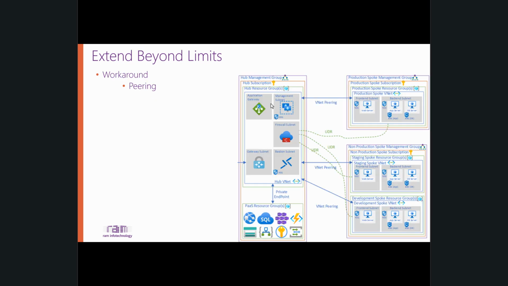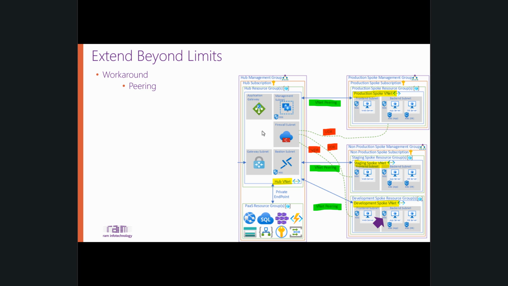As you can see on the screen, when you start peering, even in such a simple scenario with only one hub and 3 spokes, you need to deploy at least 3 peerings, peering your spokes to your hub. On top of that, you need to use routing tables or user-defined routes to divert your traffic to your Azure Firewall or NVA.